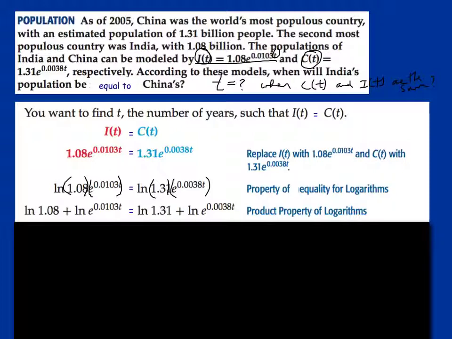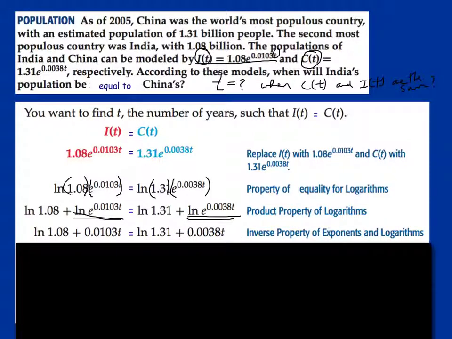Now I know that this is going to be a nice number. At least I can get rid of my natural log and my e, and same with this number over here. These two will simplify, and so we end up with the natural log of 1.08 plus the original exponent, and over here we have the natural log of 1.31 plus that exponent.